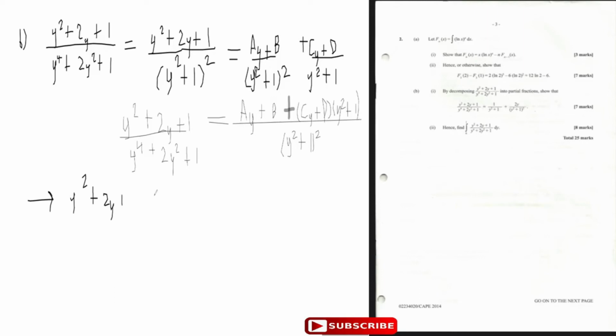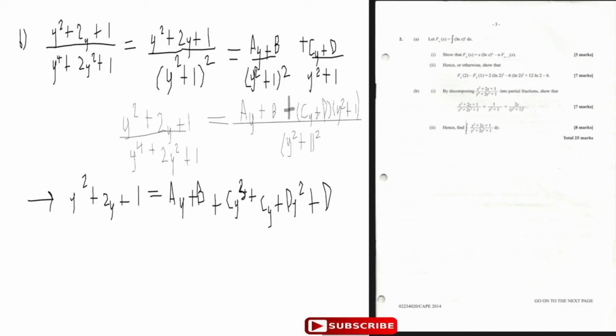is going to be equal to ay plus b plus, now if I expand this, I would get cy times y squared, which is cy cubed, not cy squared, cy cubed.